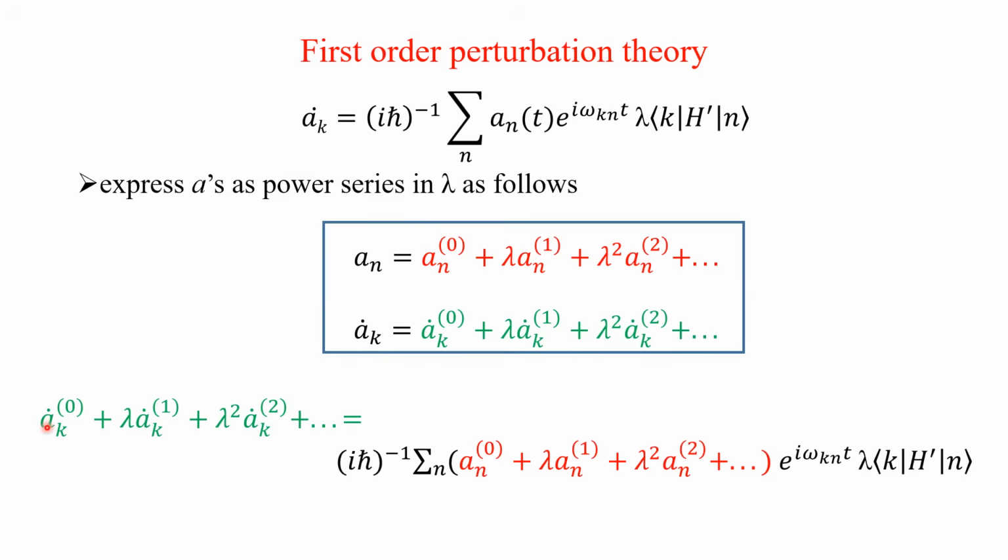In the above expression, you will get on the left hand side ak dot 0 plus lambda ak dot 1 plus lambda squared ak dot 2, which is equal to i ħ inverse summation over n, and here I am replacing an as an0 plus lambda an1 plus lambda squared an2, and it goes like that. And the other terms, that is e power i omega kn t, lambda, bra k H prime ket n.